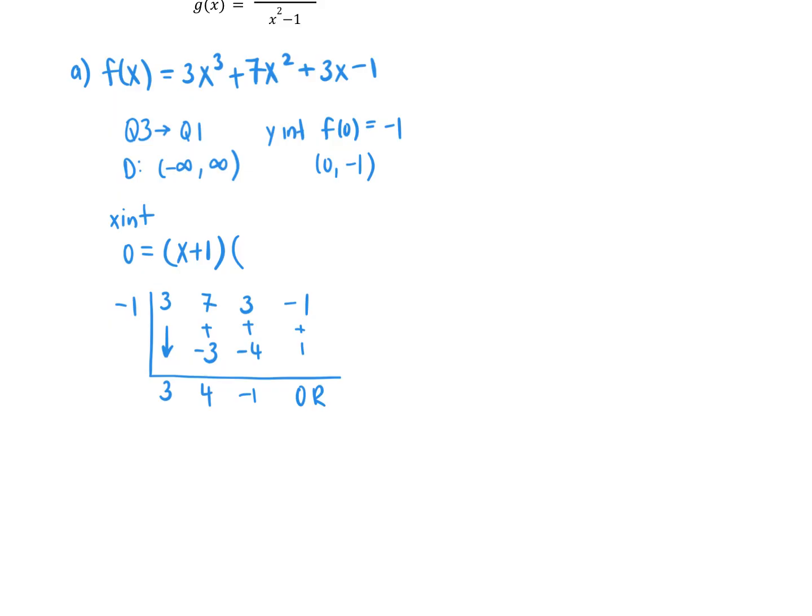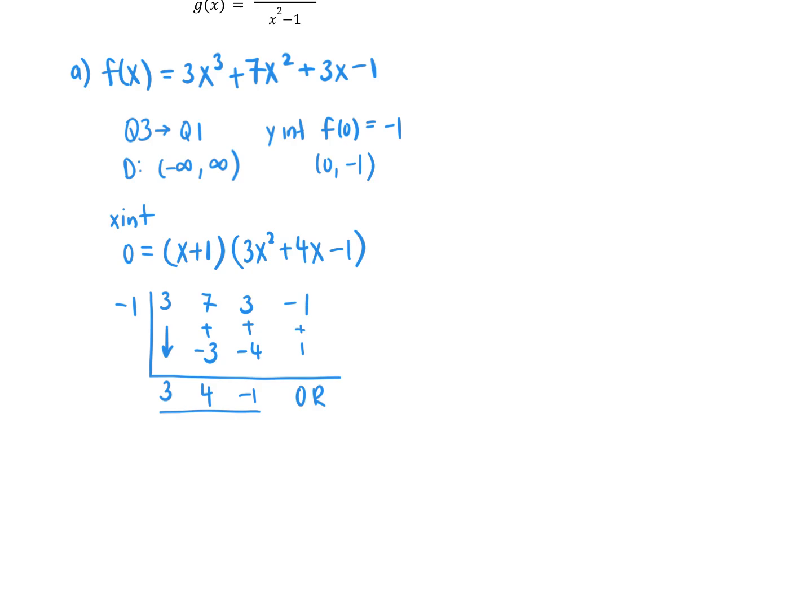Now we started with the cubic function and we're dividing out x plus 1, so we will be left with a quadratic. That means it's going to be 3x squared, +4x, -1, just using the numbers from our division.